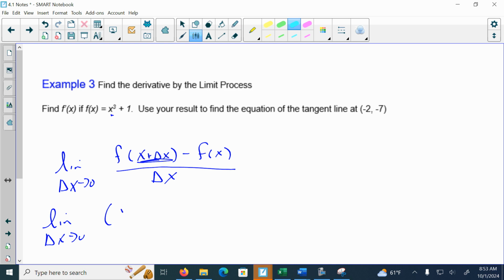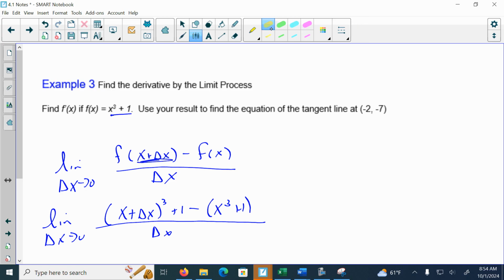So I'm going to write (x plus delta x) cubed plus 1, and then minus f of x. So I'm going to write minus, and then put this in parentheses. And this is all over delta x. Just to show you what I've done, this f of x plus delta x is this part here, and minus f of x is this part here, and then there's the delta x.